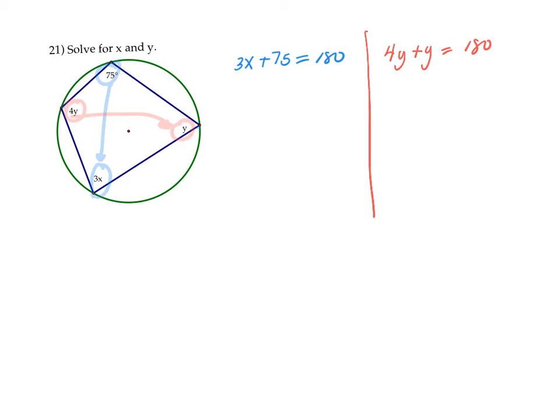Okay, solve each of those equations. All right, so the first equation, we'll subtract 75 from both sides, and that'll give us 105. So we have 3x is equal to 105, and then take and divide by 3. And 105 divided by 3 gives us x, and that's equal to 35.